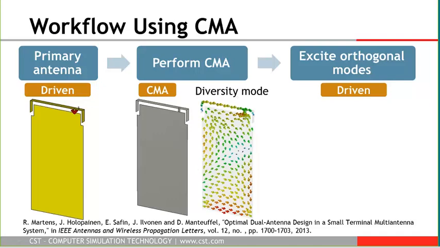This mode should be decoupled from the first antenna, and therefore we can use it as a second antenna, which will provide the diversity for MIMO operation. And finally, we need to excite this mode, which we have found. And this last picture shows the way to excite it, which has been published by Robert Martens in 2013. So you can check the reference, which is displayed at the bottom side.